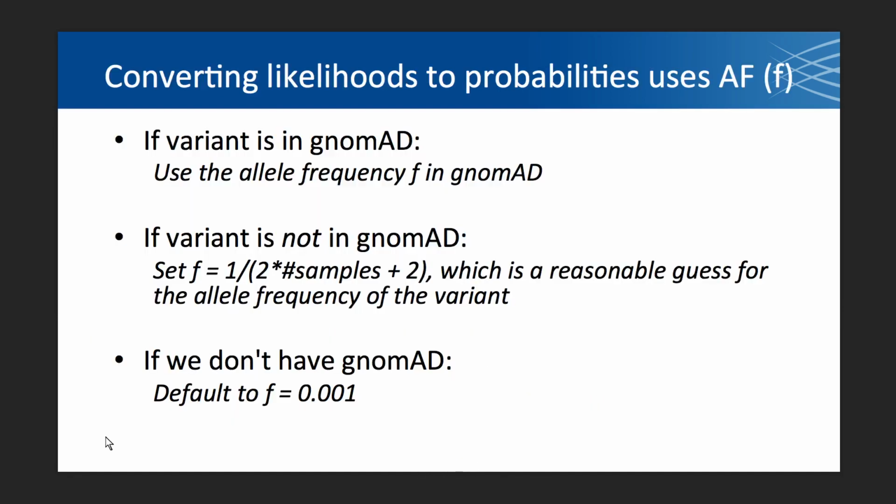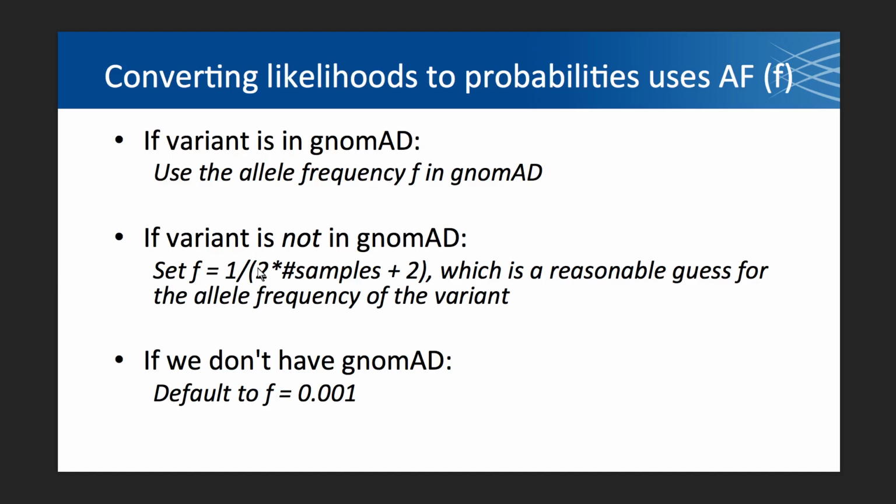Just like with HaplotypeCaller, we want to convert likelihoods into probabilities. Towards this, we use the population germline allele frequencies. This F that is representing the allele frequencies is different from the F alt from the previous slide. In this example, we are referring to the human gnomAD resource. The tool follows this logic. If the variant is in the gnomAD resource, you use the allele frequency provided by the resource.